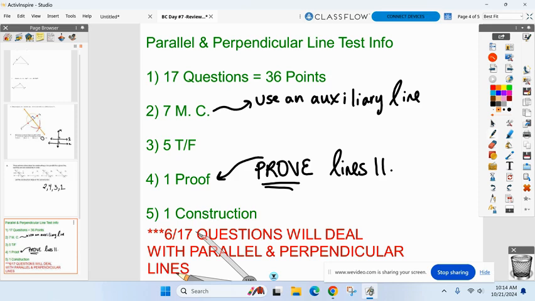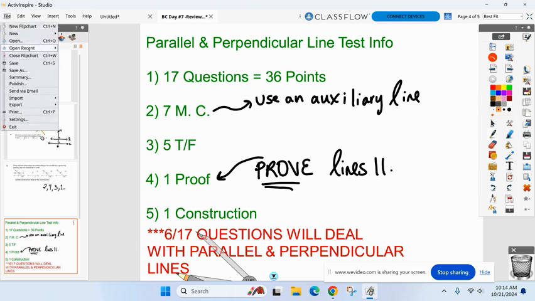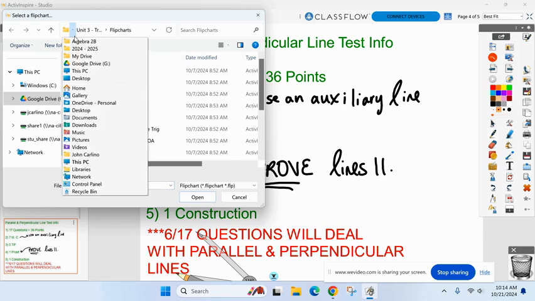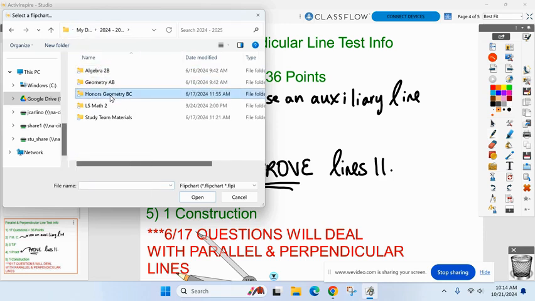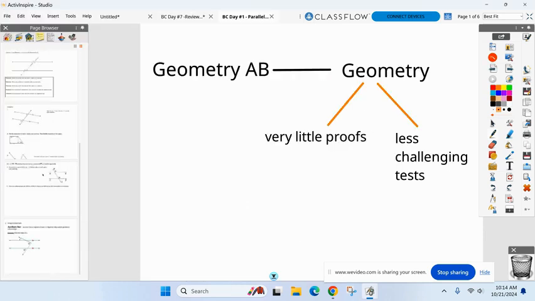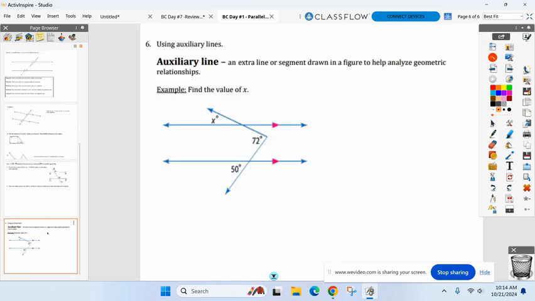Yes, Kevin. What's an auxiliary line? Sure. Let me bring that day up just so I can show you what I mean from the notes we did on day 1. So on day 1, we did this question right here, where there are no transversals in this diagram.